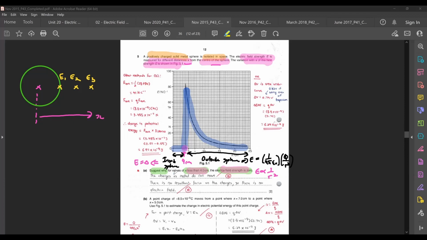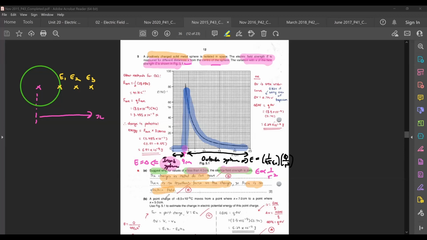So why is it that for values less than x equals 4 centimeter, or inside the sphere itself, your field strength is 0? Some of the answers you could use: you could say that in your sphere, the charges in your metal no longer move. There is no longer any resultant electric force on the charges, so there is no electric field strength.